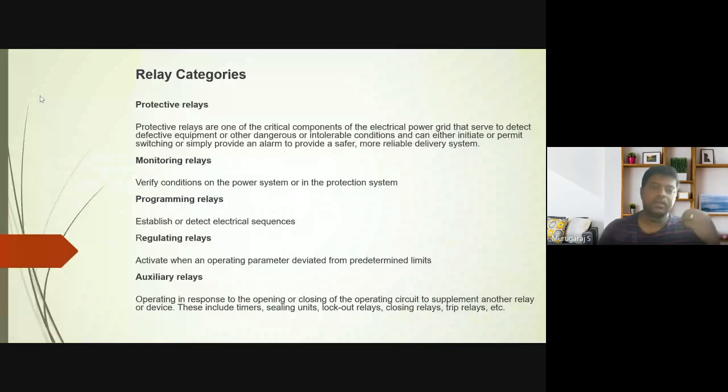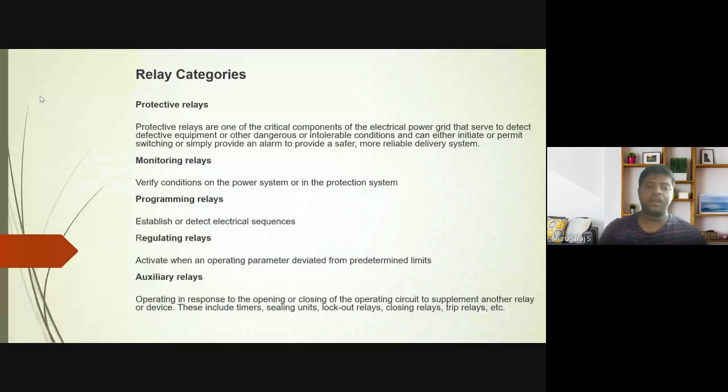You have specified some conditions, and when that condition has been reached, the monitoring relay will give you information that this is going to happen. Those relays are called monitoring relays.